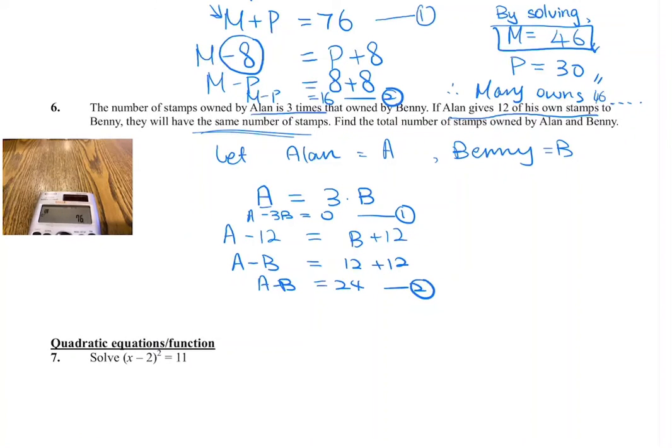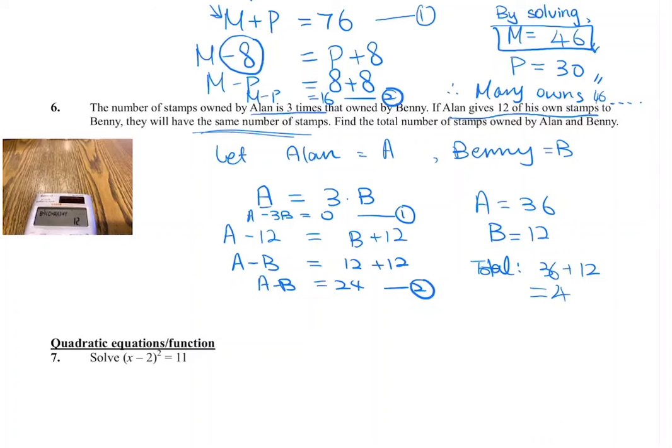And then 0, 1, -1, 24. And we start to get the answers, 36 and 12. So 36 and 12. What's the total number then? The total will be 36 plus 12, which is 48.